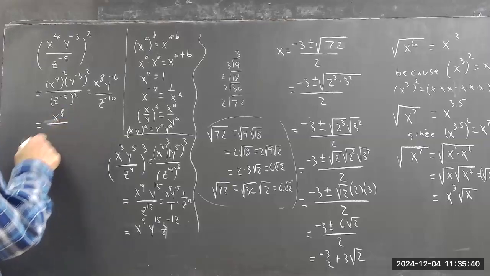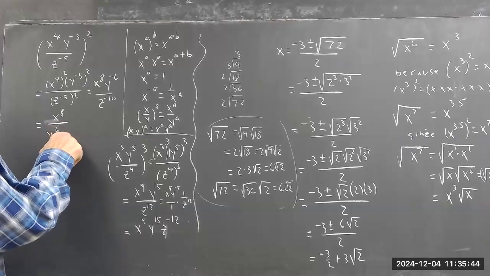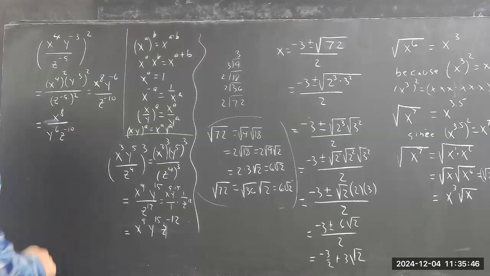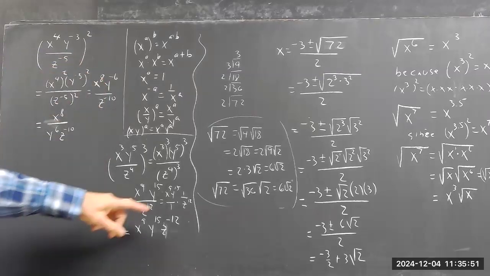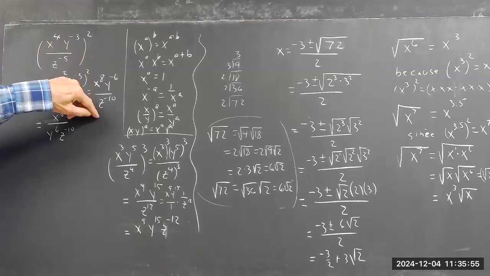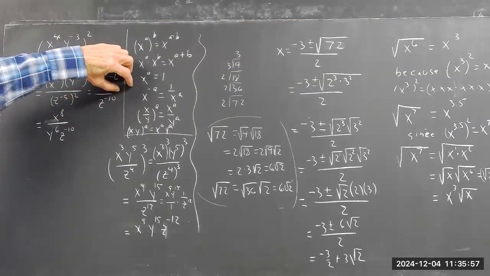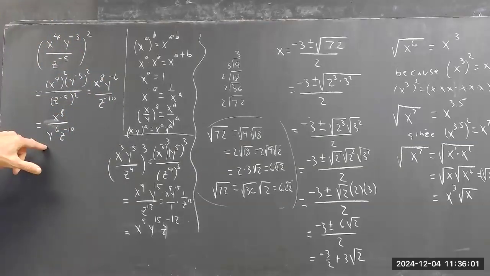X to the eighth over y to the sixth, z to the negative 10th, because the y to the negative sixth, we could isolate it just like we did over here. We could write x to the eighth over z to the negative 10th multiplied by y to the negative 6. Y to the negative 6 is 1 over y to the 6, and we end up with this. Does that make sense?